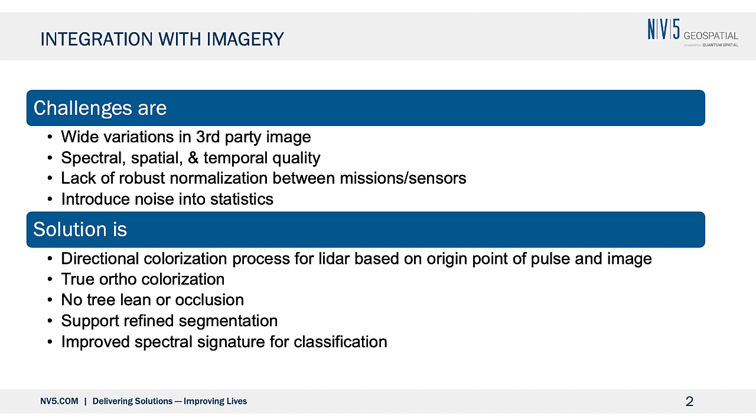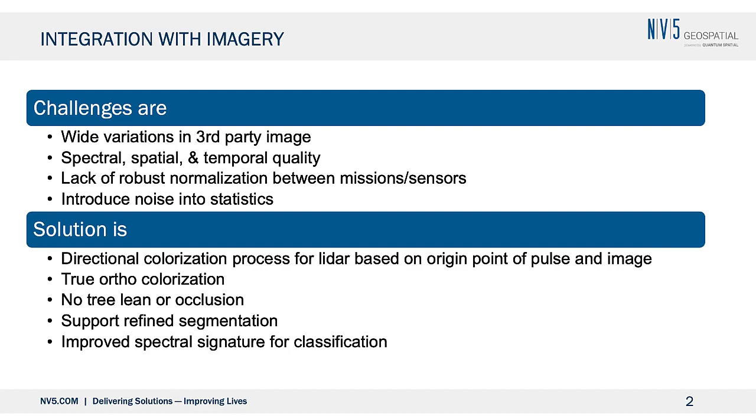If they're collected separately, there's a whole set of reasons why the imagery and the LiDAR may not match up. And so a lot of the classifications rely just on the LiDAR and don't integrate the imagery. But we've been looking into trying to bring these two data sets together, because the LiDAR gives us structure, and the imagery gives us information on species and health.